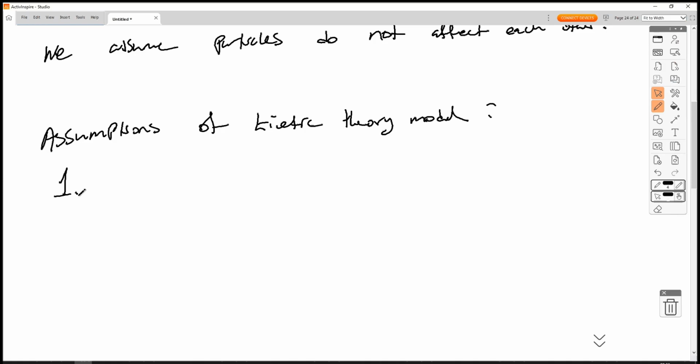So during the collision itself, while a particle changes momentum, the amount of time that takes is very, very small compared to the time it takes for a particle to fly between 2 different walls of a container.